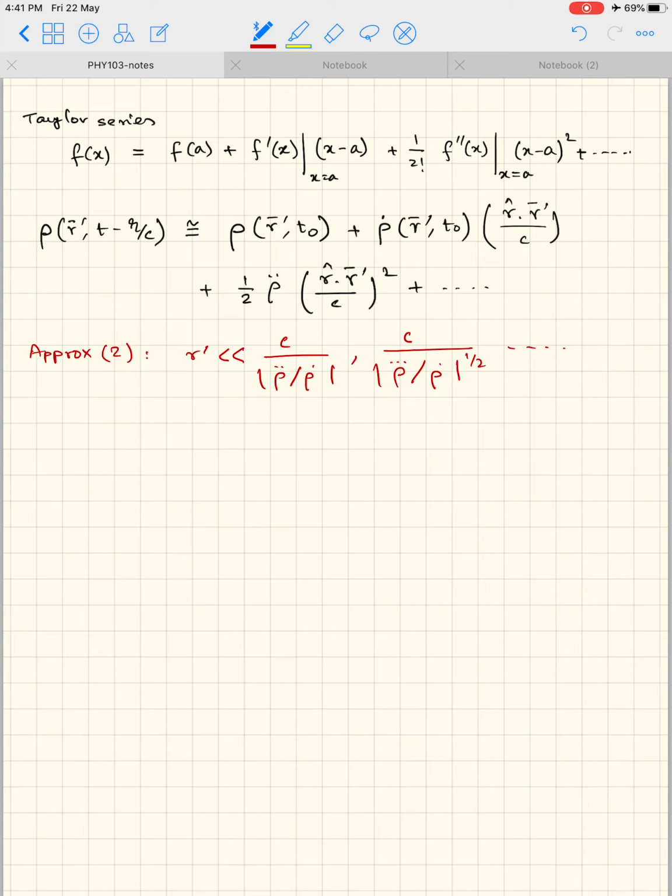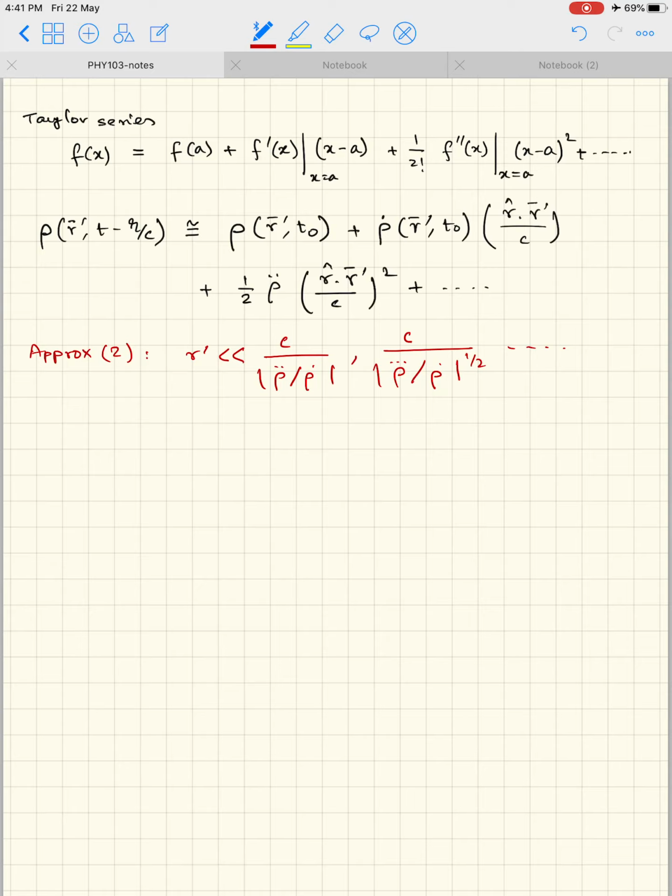For an oscillating system like the ones we have seen before, each of these ratios is just c over omega, and we recover the old approximation. But in this more general case, we just need to keep first order terms.